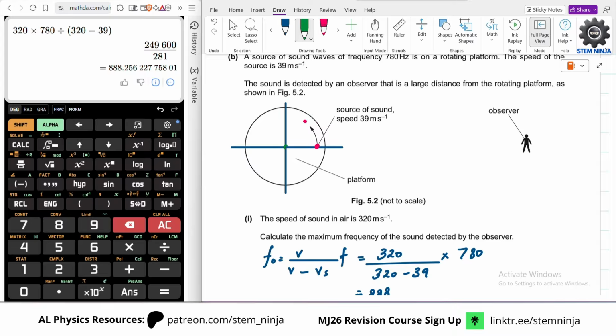Because it's oscillating about the center, how do we quantify the relative velocity between the observer and the source of the sound? The relative velocity is in this direction, not perpendicular.